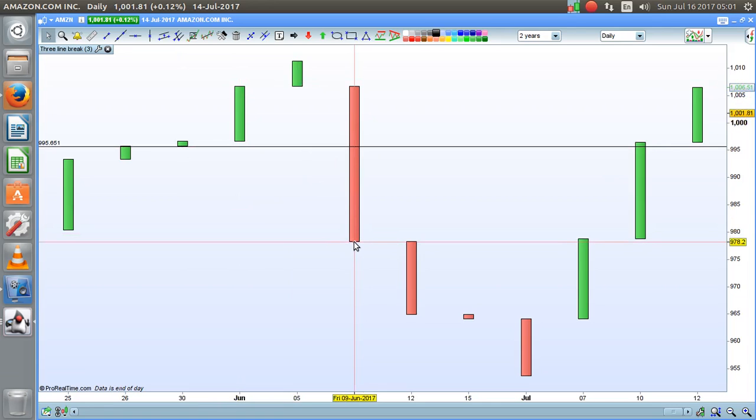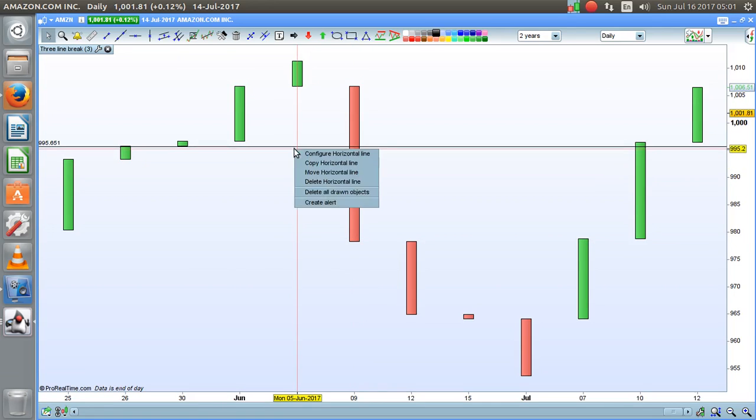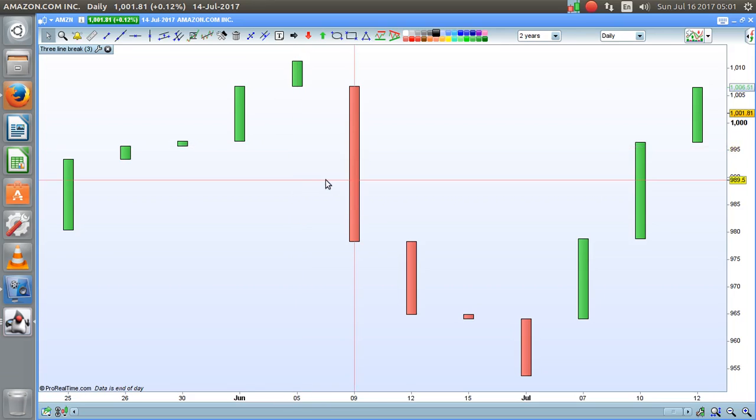Now let's get rid of this line here, now that you know that's how it's drawn. This is Friday, 9th of June. This is Monday, 12th of June. So over the weekend, you can see the price continued to drop, so we draw another line here.